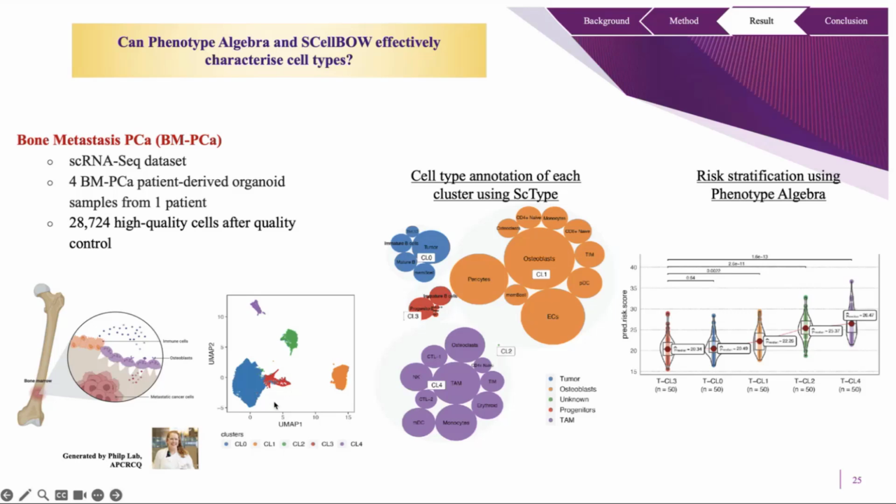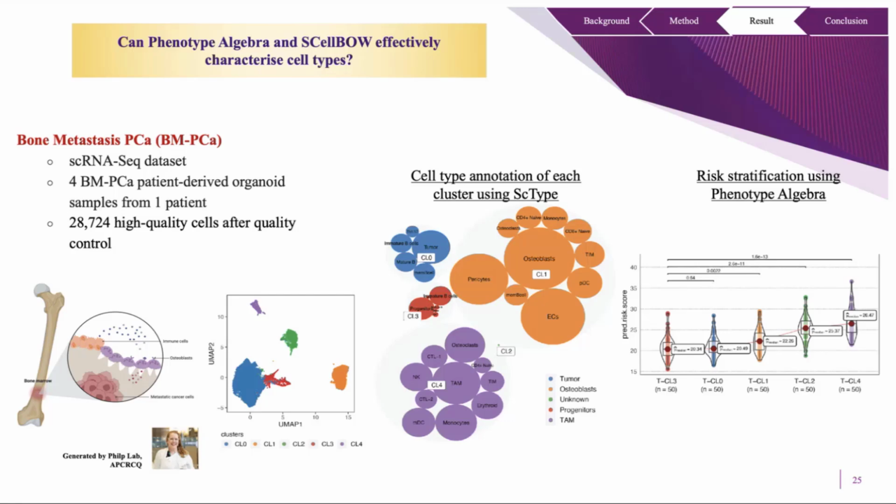But when it came to this particular cluster, it showed that this is a progenitor cluster, so most likely progenitor cells. But when we applied Phenotype Algebra on top of it, we saw that this cluster is coming out to be highly aggressive. A progenitor cell is supposed to be a normal cell, not a tumor cell, and here we are getting it as the most aggressive type.